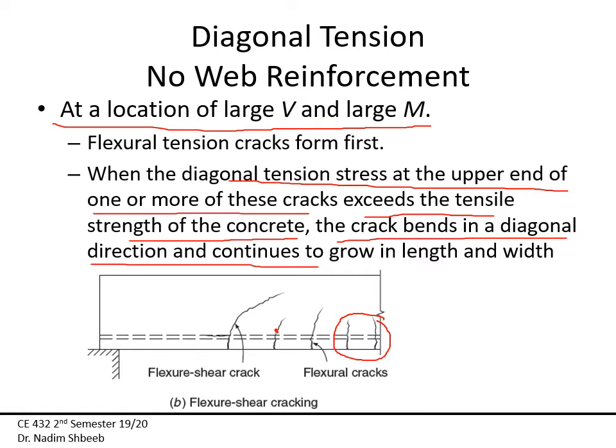So you will notice that it is going to be like this, and that's due to the combination of both the shear and the flexure. In the middle here, where there is no shear influence, we only have flexural cracks. And then, as I said, we will have what we call the flexural shear crack.